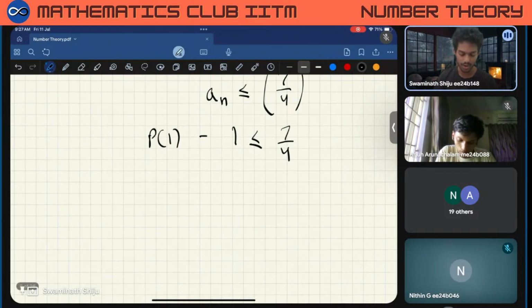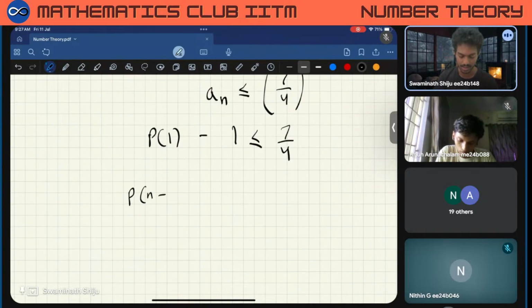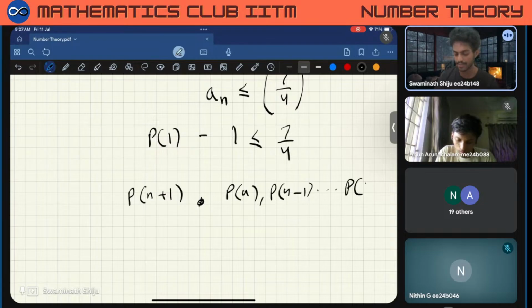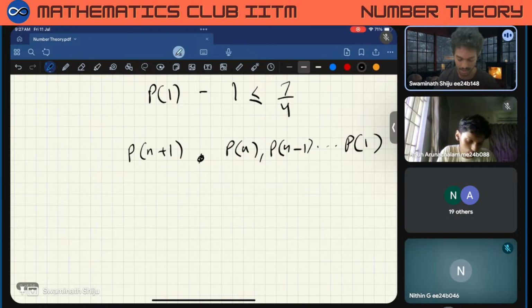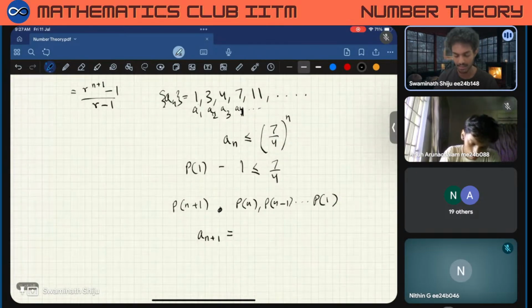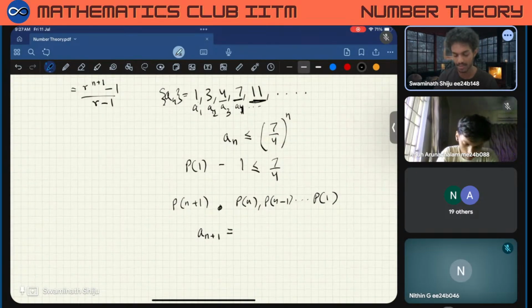Now, how do you prove P of n plus 1? By assuming P of n, P of n minus 1, and so on up until P of 1. P of n plus 1, an plus 1. Now, as we discussed before, an plus 1 is an plus an minus 1.